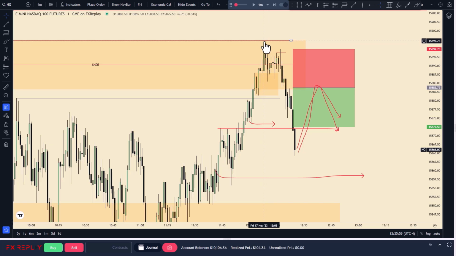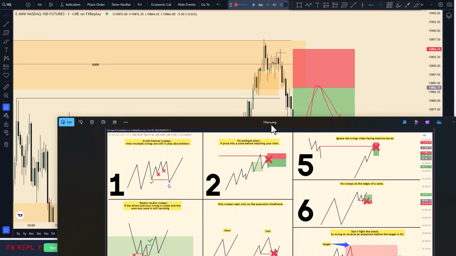take this high. Okay, now the entry. We had this, just like the filter, we don't short from here because we still have this zone here. And it can easily reject price to the upside, and it did. But what happened next is that we violated it, like this break of structure of this zone.